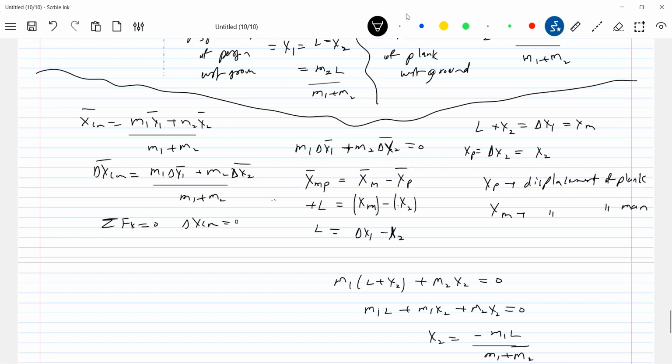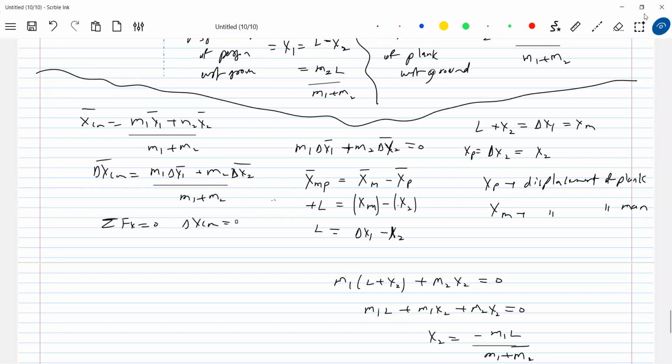What do you mean by negative? The plank will shift towards left. Try to analyze the symbols. Displacement of man with respect to plank equals displacement of man minus displacement of plank.